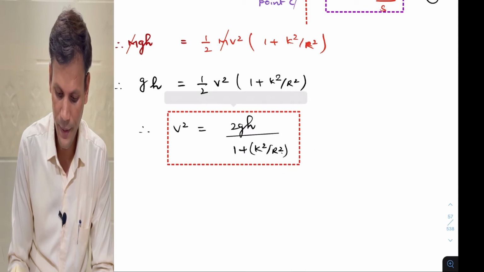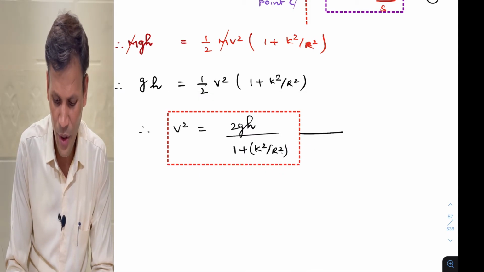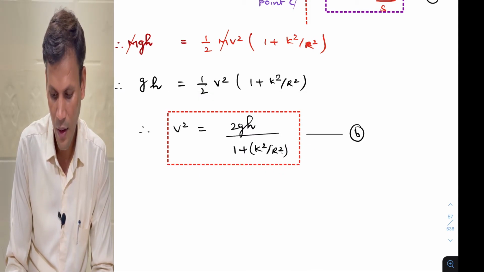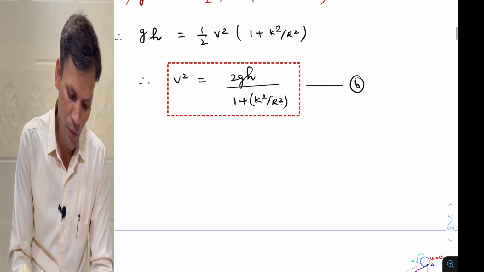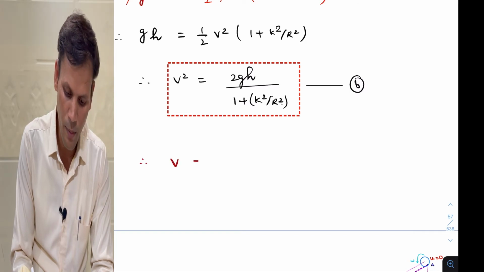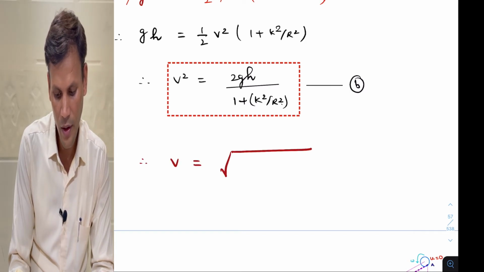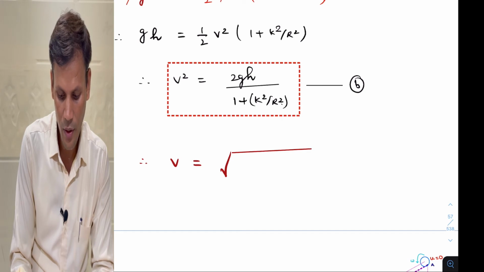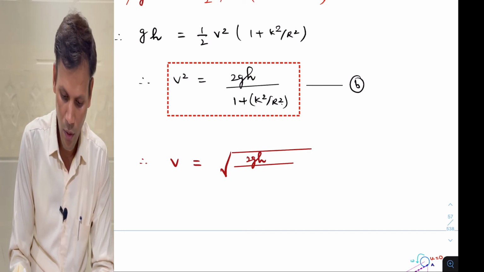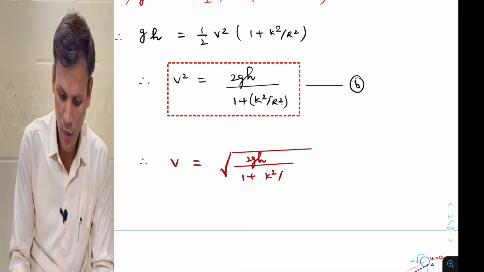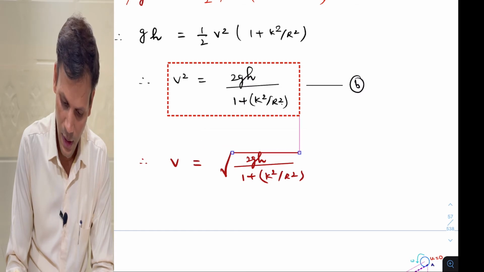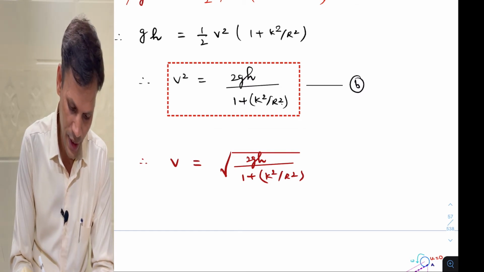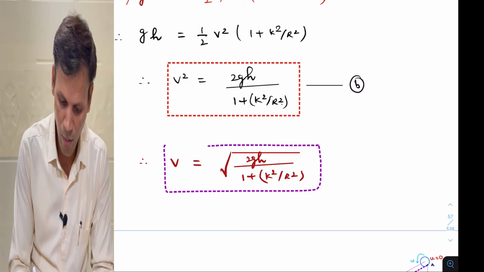I will take it as equation number B and utilize it. So v will be, therefore, the root of 2gh upon 1 plus k square by r square. This term is the velocity of a rolling body.